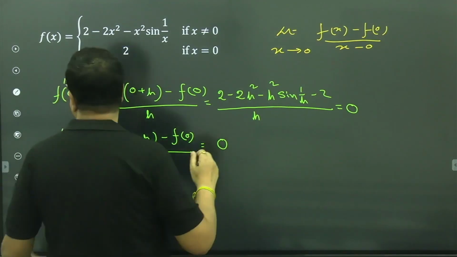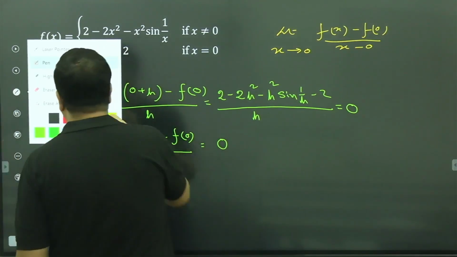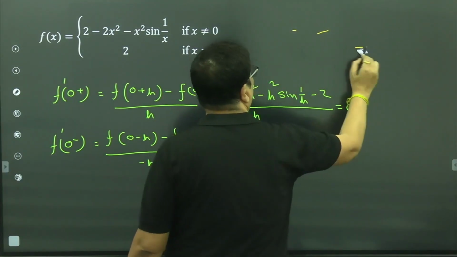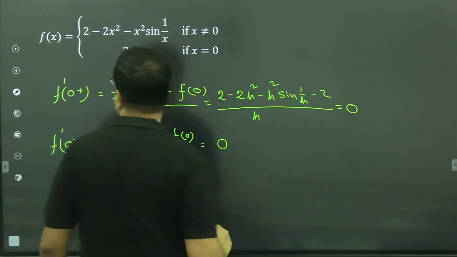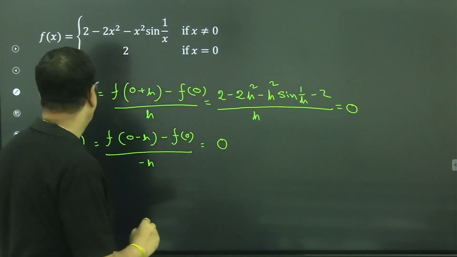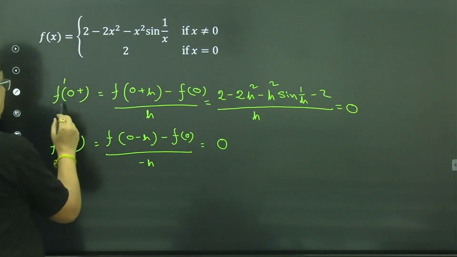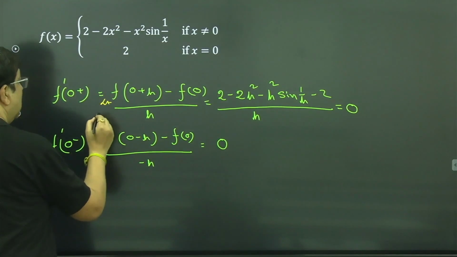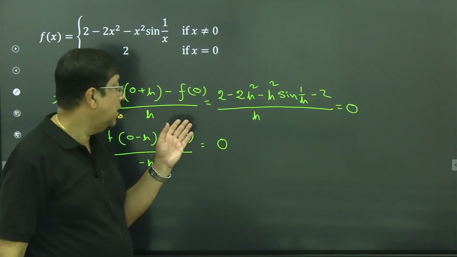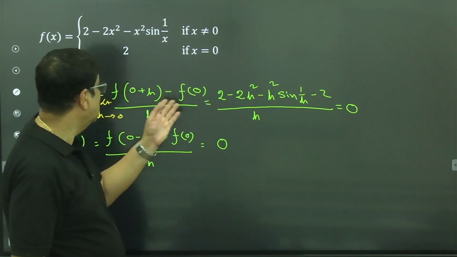So whenever there is some problem with differentiability, we should check the right hand differentiability and the left hand differentiability. For right hand differentiability, the limit as h tends to 0 of (f(0 plus h) minus f(0)) by h.